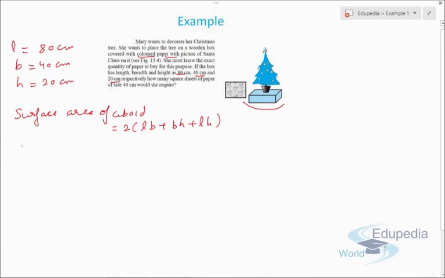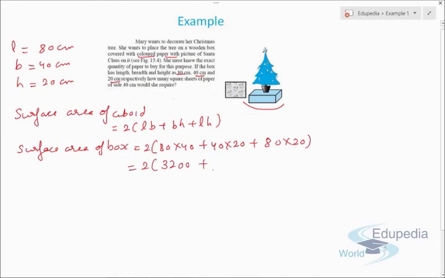Or we can say that surface area of box will be equal to 2 times LB, which is 80 times 40, plus BH, 40 times 20, plus LH, 80 times 20, right? So it will come out to be 2 times 3200 plus 800 plus 1600, right?